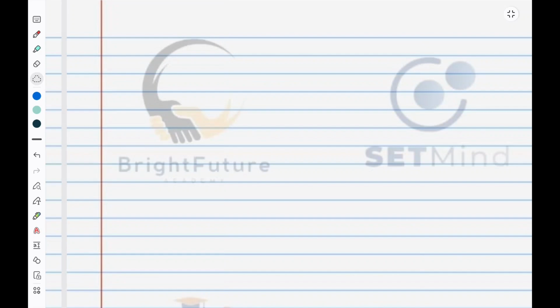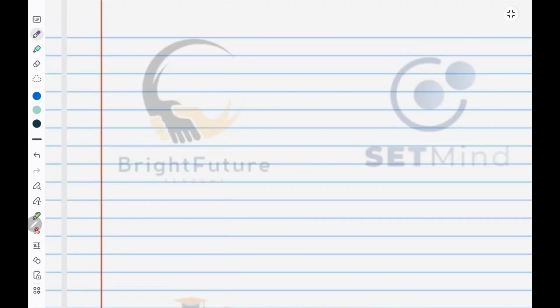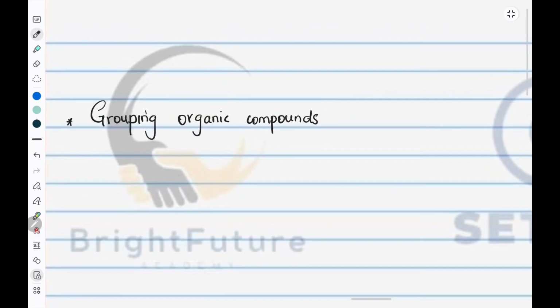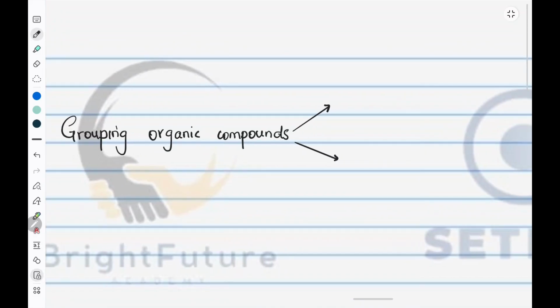So when we group organic compounds, right? We're grouping organic compounds, and you get about two major ways of grouping them.